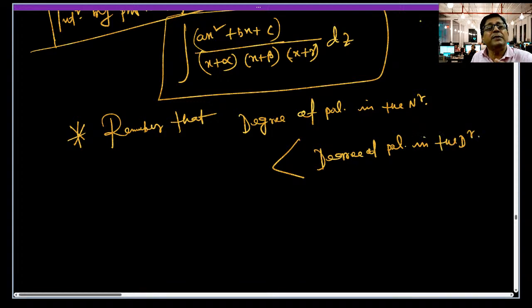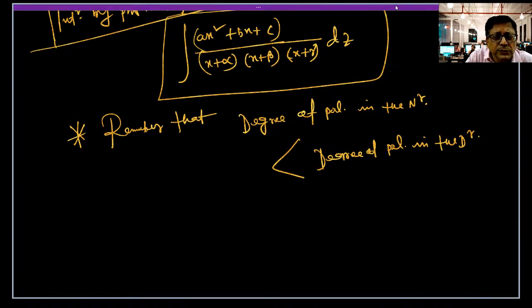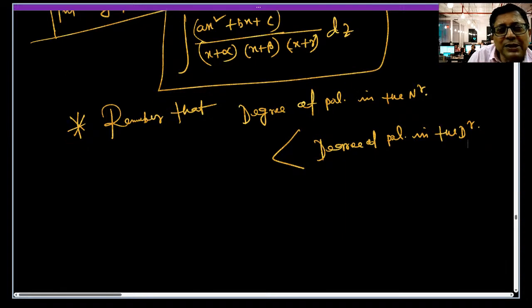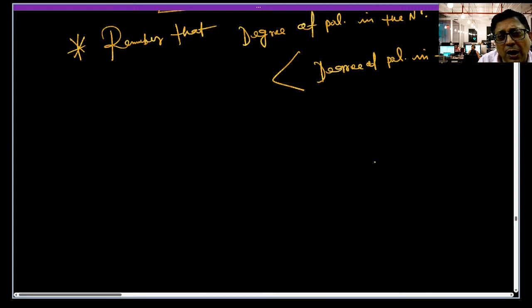If they are equal, then the method I am going to discuss with you will not work. If the degree of the polynomial is greater, then also it will not work. It can work, but you have to make some manipulation. Okay? So without telling anything more about this, let me show you one example of how we'll use partial fraction for integration.